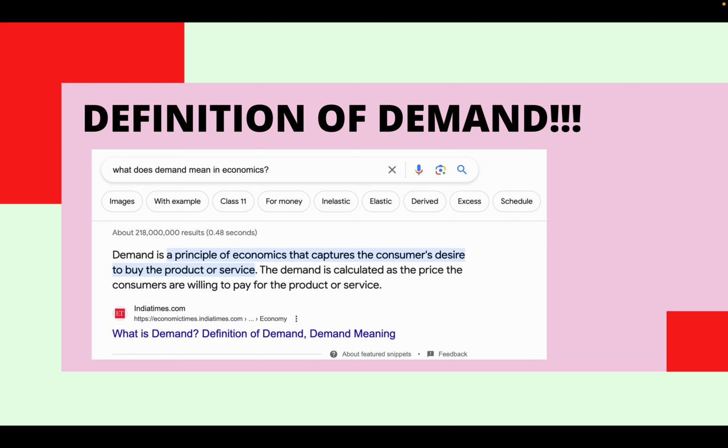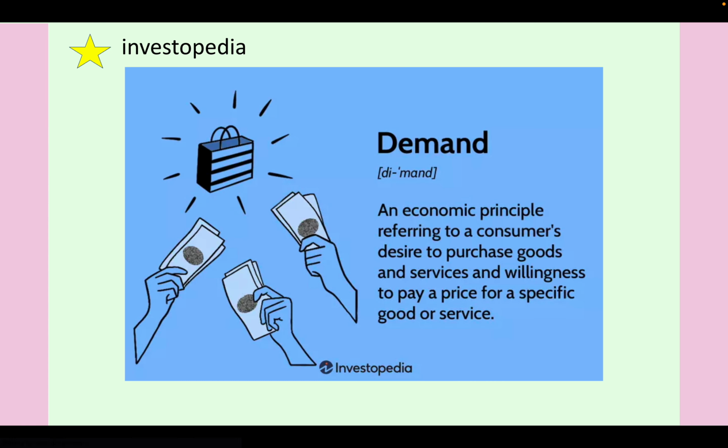Here's the definition I got from Google, and you can read it. This is another definition from a website I love called Investopedia: an economic principle referring to a consumer's desire to purchase goods and services and willingness to pay a price for a specific good or service.